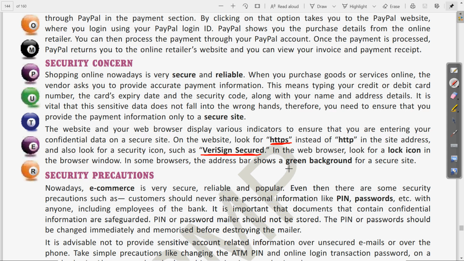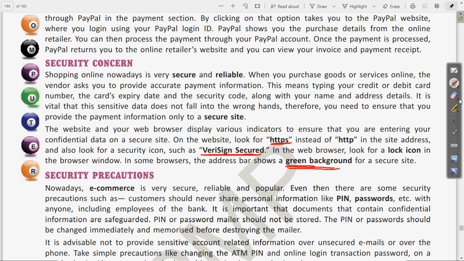Then the next is the green background in the address bar. A few of the URLs have the green background. Sometimes there is antivirus software on our computer which also has web security features that are enabled on websites. So this indicates the green background for those URLs.